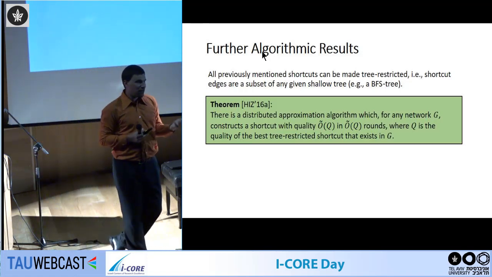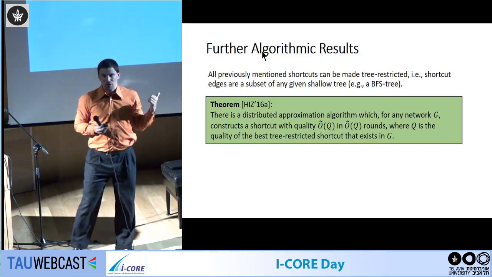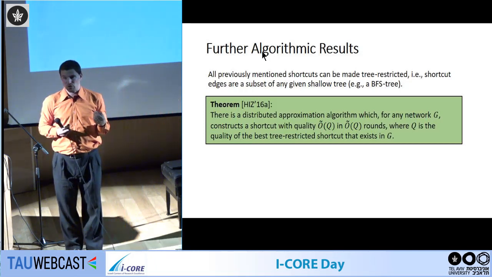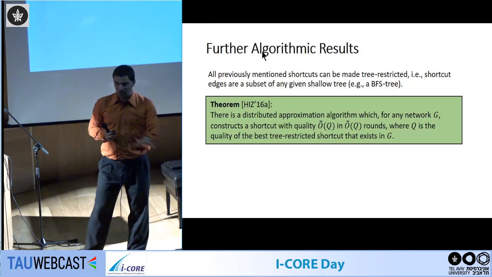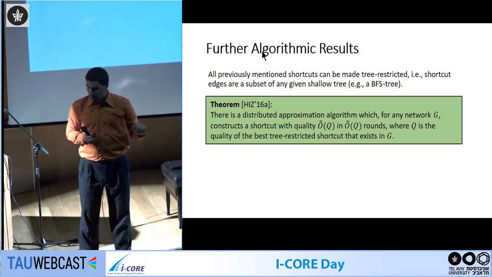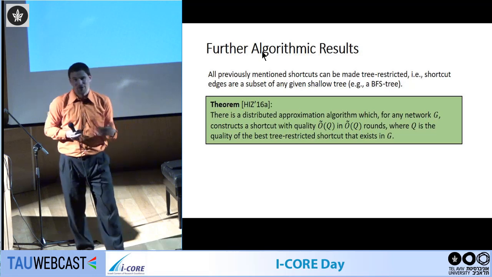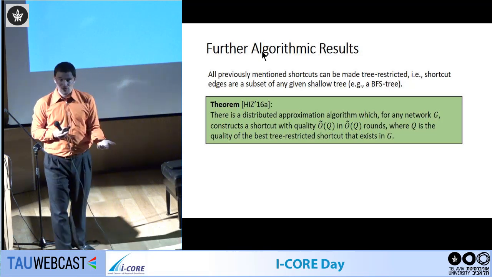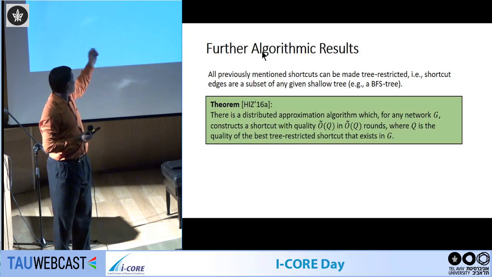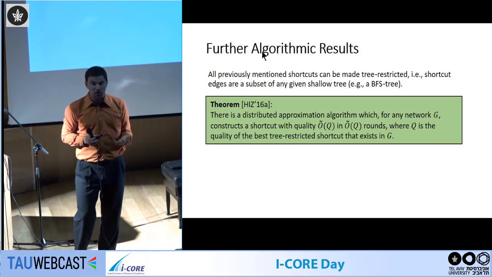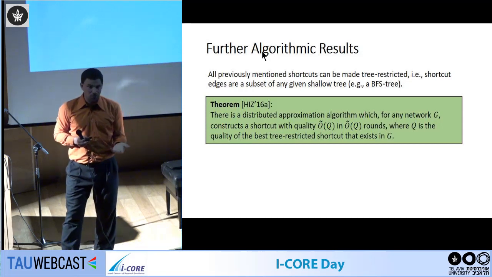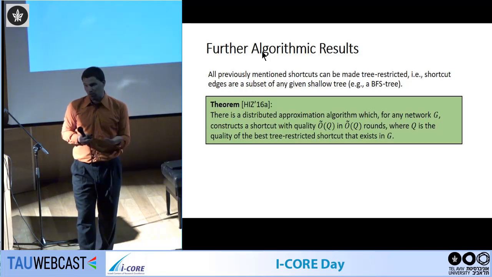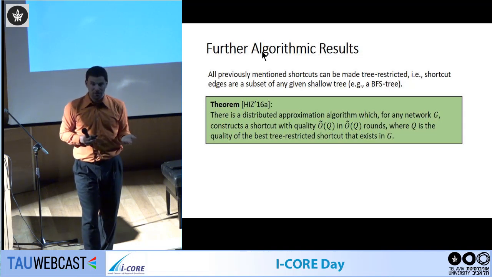There's a fairly simple, natural approximation algorithm to compute the approximately best tree restricted shortcuts. So I don't need to know: is this a bounded genus graph? Is this an excluded minor graph? What kind of property does it have? All I need to know is that there exists a good shortcut of good quality, and that this shortcut is tree restricted. And there's a distributed algorithm which computes the best shortcut, up to logarithmic factors in the quality of the shortcut.